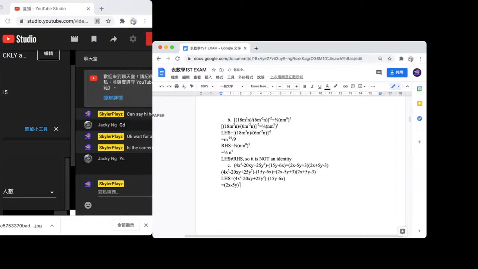And then in the second part we take out the common factor. So we can get common factor negative 3, and we can get this 3 times 2x minus 5y.